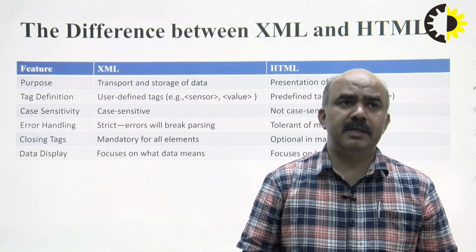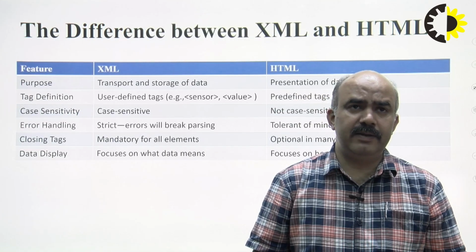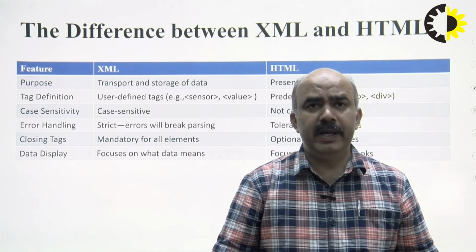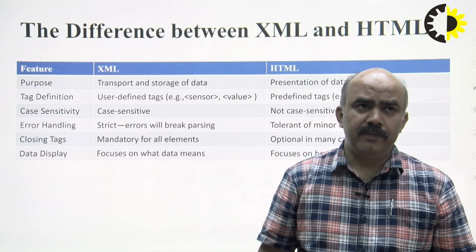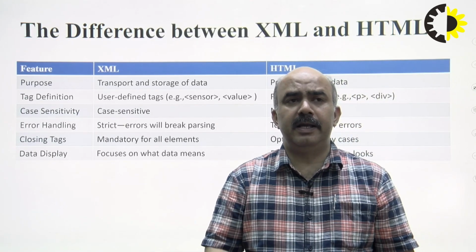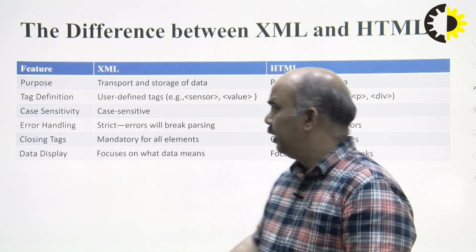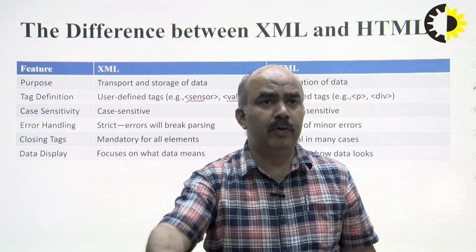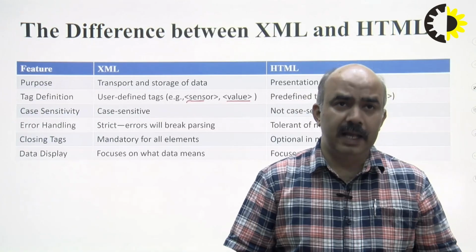The purpose of XML is the transport and storage of data. However, HTML is used for the presentation of the data, how the data will look and be visible to the users. For tag definitions, in XML we can use user-defined tags like sensors and values, which are custom-defined tags.